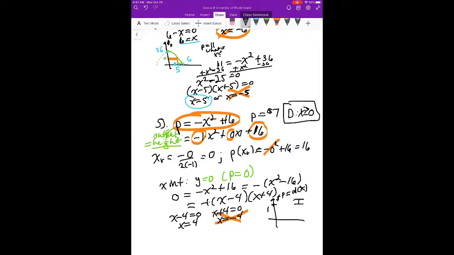So we know we have a y-intercept at 16. Let me go ahead and put a little blue dot there. And we know that we have an x-intercept at 4, right? So maybe we can do that one in green. So let's come over to 4.